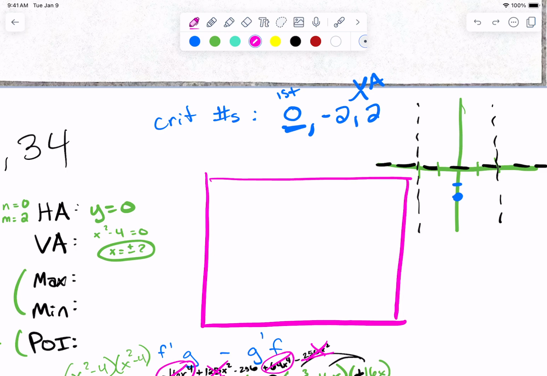Aren't critical numbers in the second derivative? They have to be POIs, not necessarily. They could be VOS. Yes, that's right. Zero is probably a POI.